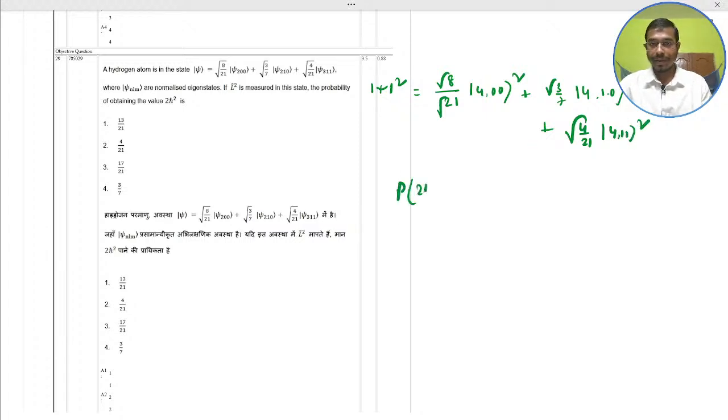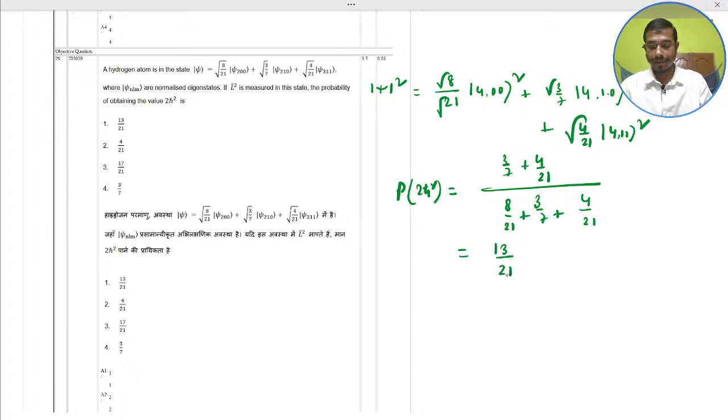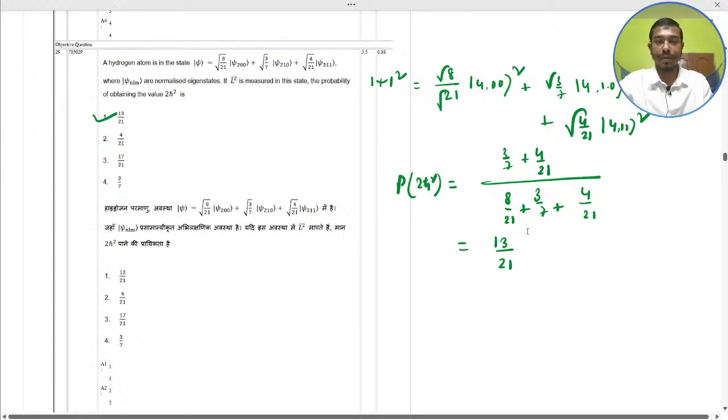So probability of getting the 2ħ square, that is the total 8 by 21 plus 3 by 7 plus 4 by 21. So in the numerator 3 by 7, 4 by 21. So this would be 13 by 21. Option A would be the correct, 13 by 21. Simple question.